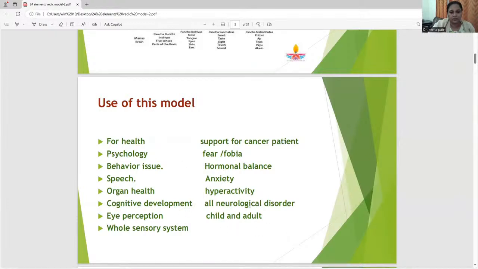So all these kinds of issues we can easily treat by this model.